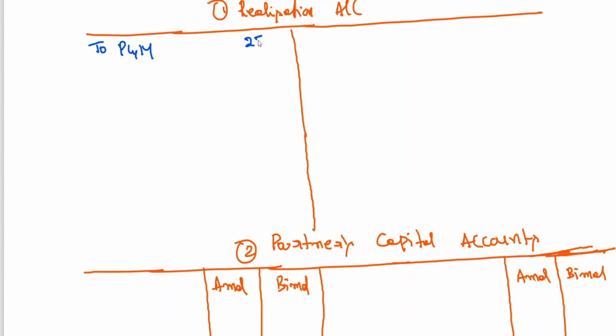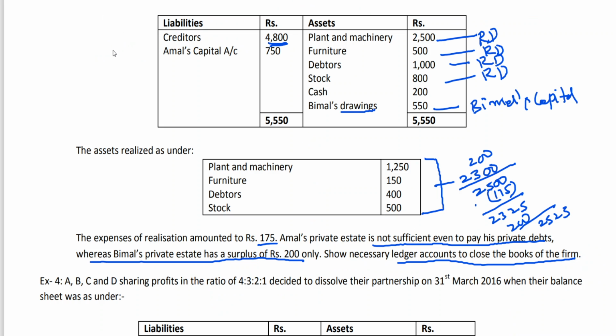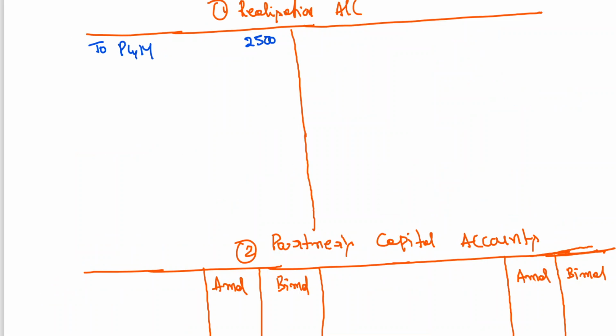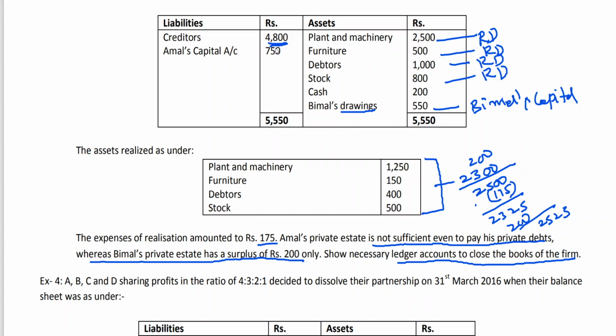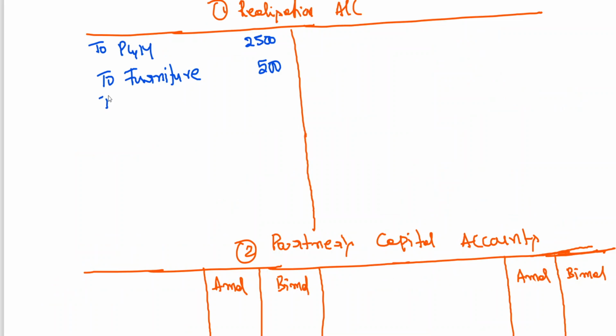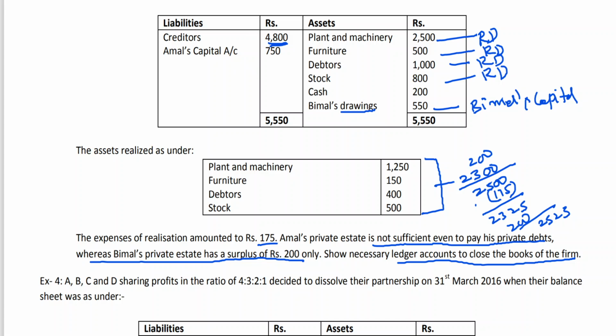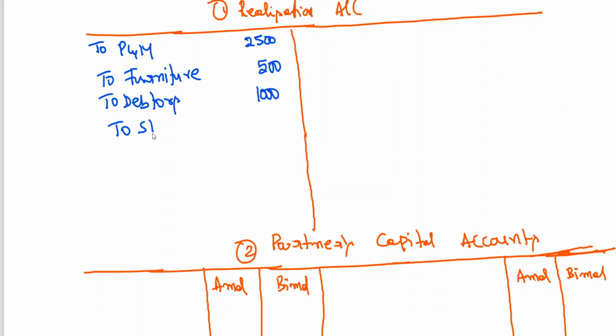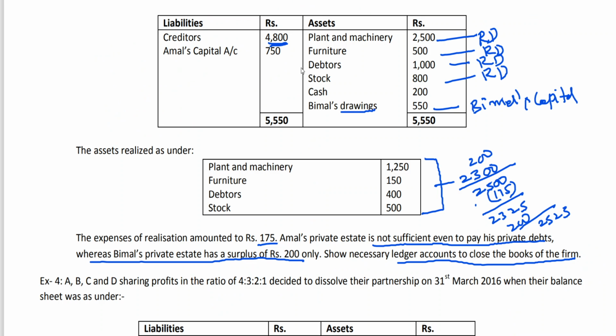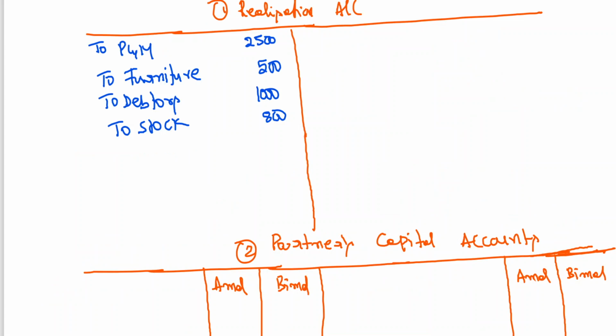Plant and machinery 1500, furniture 500, debtors 1000, stock 800, then cash account we have opened already 200.